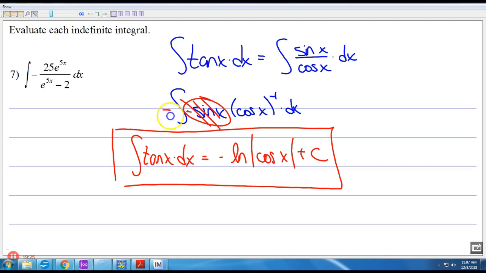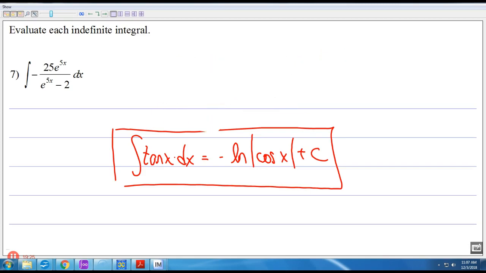So what's the next problem I'm putting up? So integrate cotan. Very similar, it's not exactly the same.